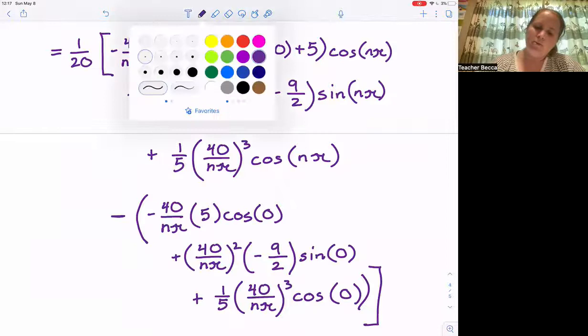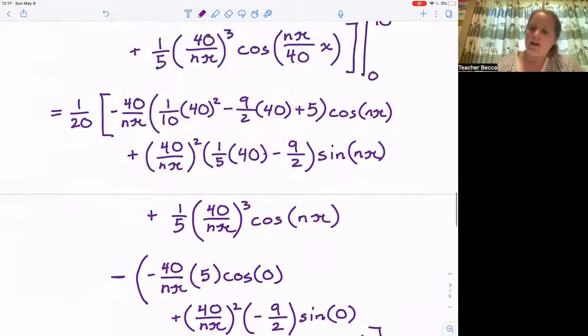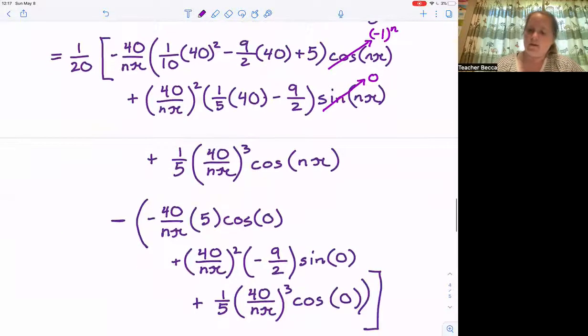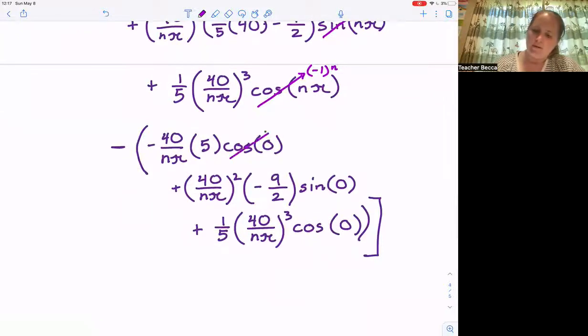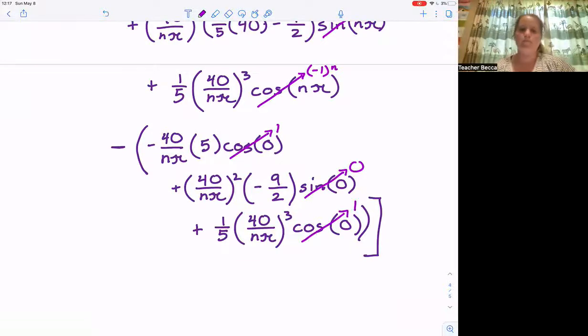So going through, cosine of n pi is -1 to the n. Sine of n pi is 0. Cosine of n pi is again -1 raised to the n. Cosine of 0 is 1. Sine of 0 is 0. And cosine of 0 is 1.